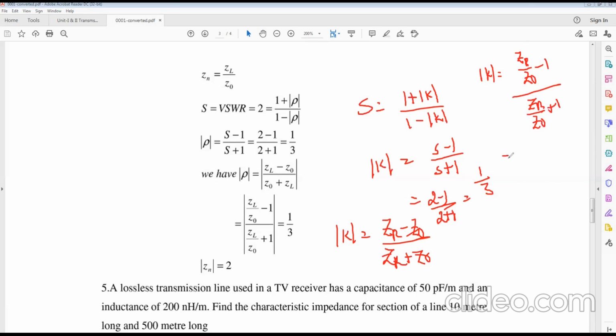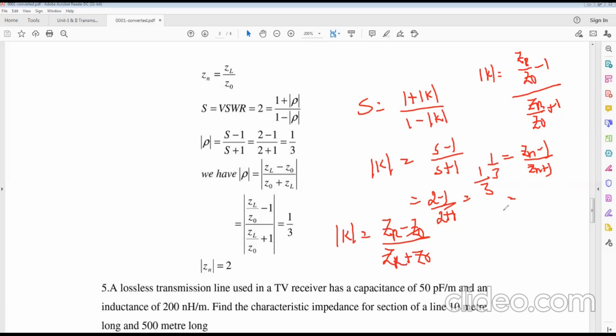What is ZR by Z naught? The normalized impedance, Zn minus 1 by Zn plus 1. We need the Zn, ZL plus Z naught. ZL means the load and Z naught is the characteristic impedance at the input side. That value, the magnitude of K, is 1 by 3.